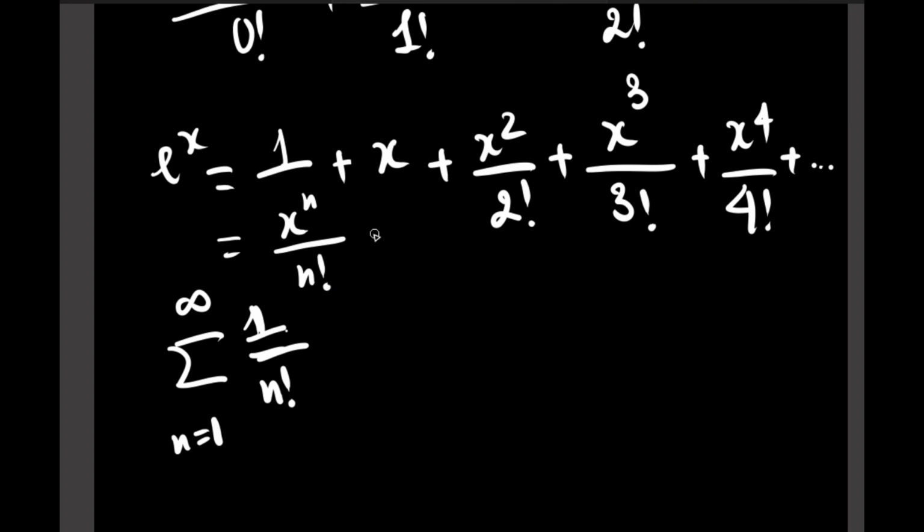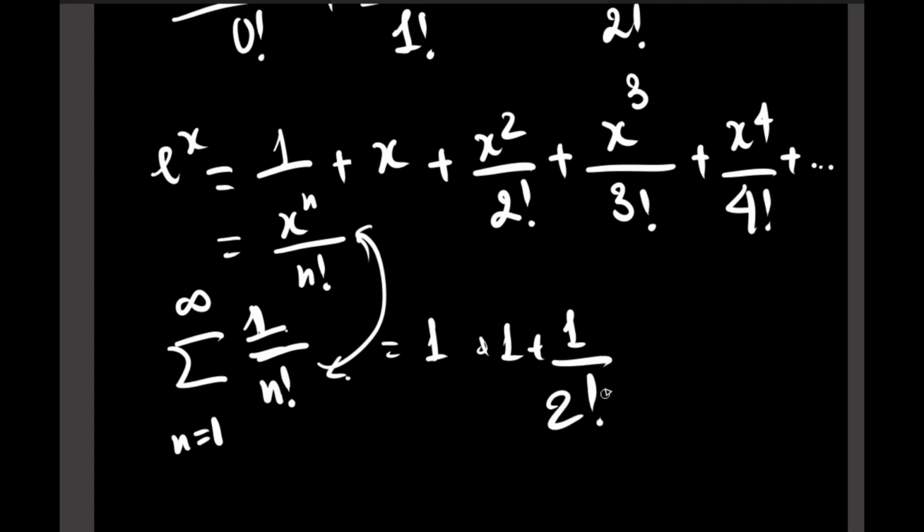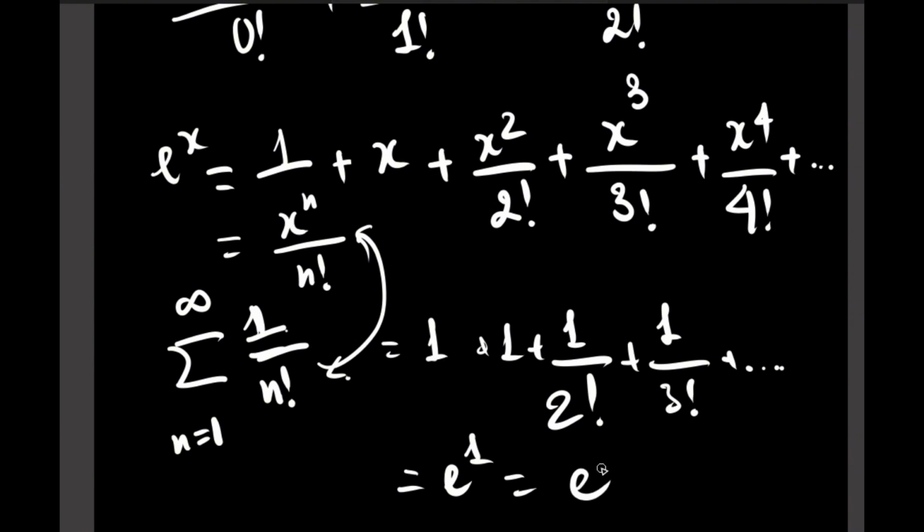So we can compare this with that. We just replace our x with 1, so it's 1 plus 1 plus 1 over the factorial of 2 plus 1 over the factorial of 3, and so on. And then it's definitely going to be e to the power of 1, which is equal to e.